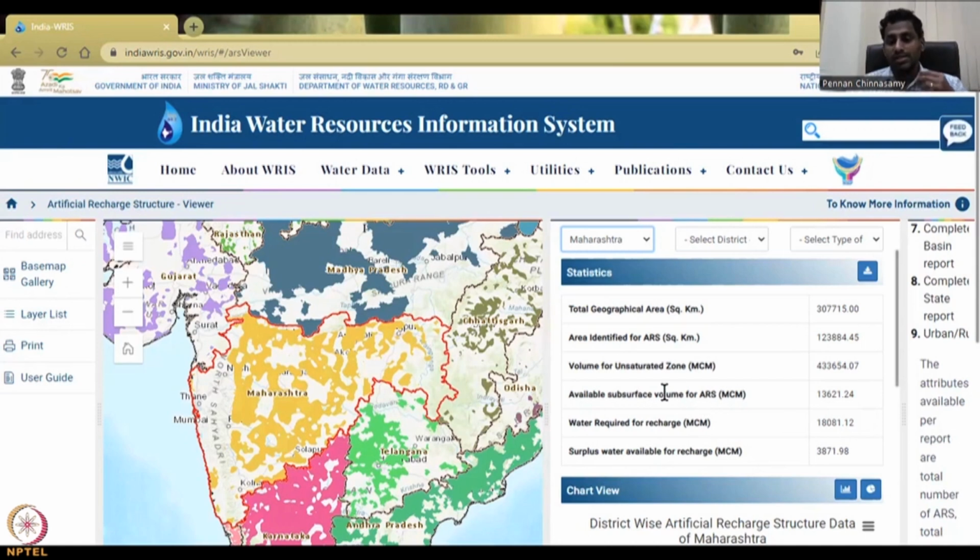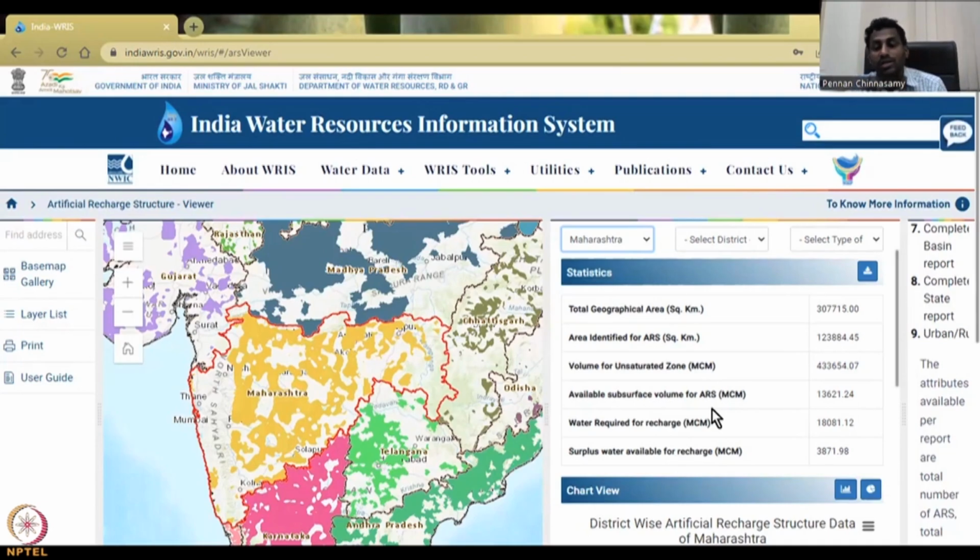Okay, so what it says is the volume for unsaturated zone is around, I won't tell the numbers if it's too large, let's say 43, okay, units. And then we have available subsurface volume for ARS. The ARS is artificial recharge structures. Is around 13 billion cubic meters, out of which you have water required to recharge this.